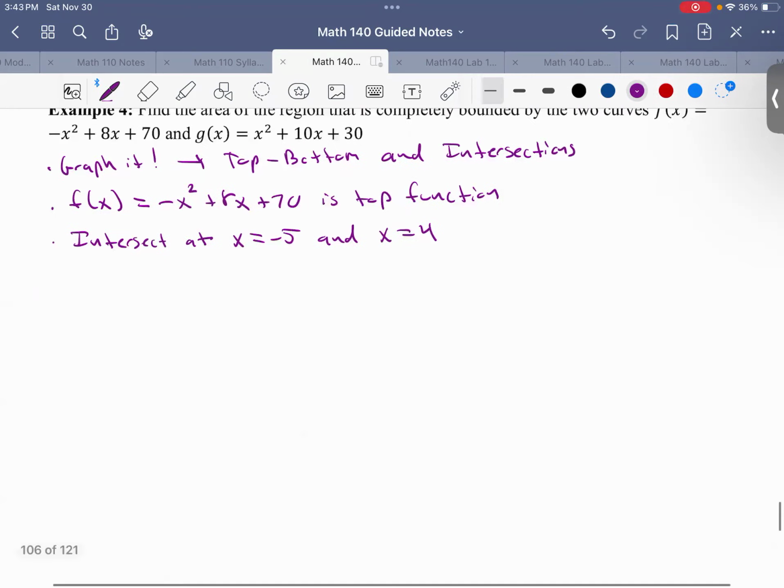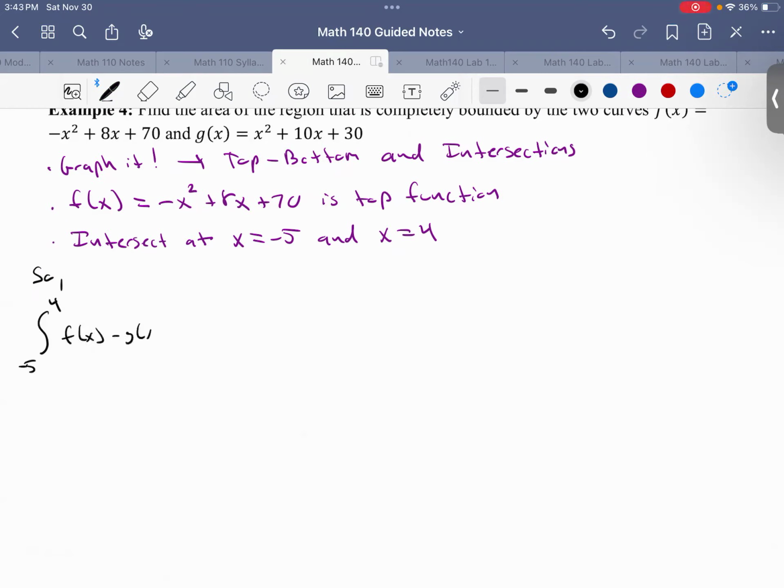So our integral is going to look like the integral from -5 to 4 of f of x minus g of x dx. If we plug in these functions, we get the integral from -5 to 4 of -x squared plus 8x plus 70 minus x squared plus 10x plus 30 dx.